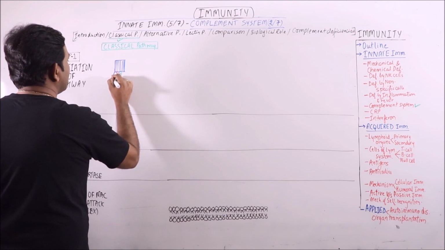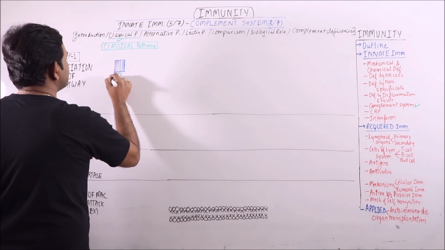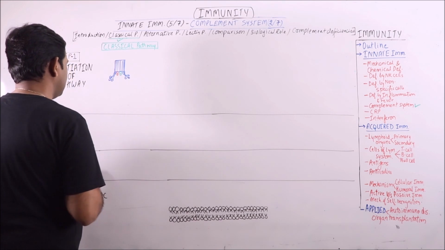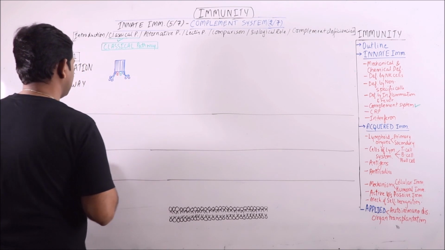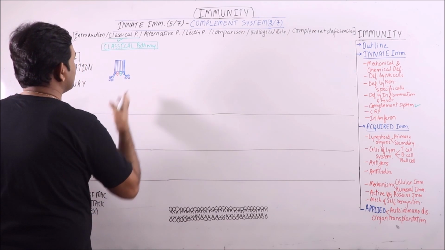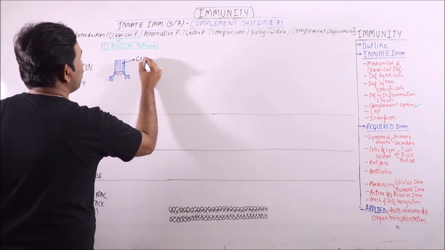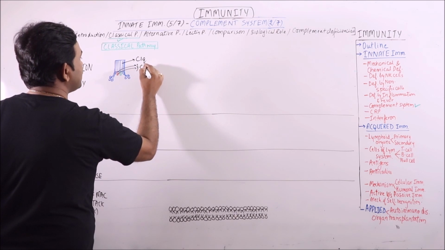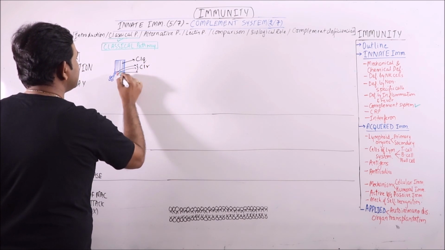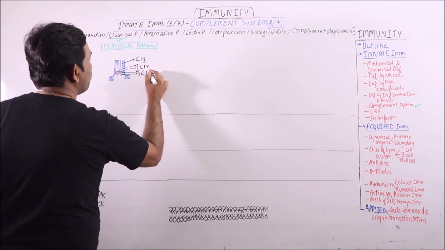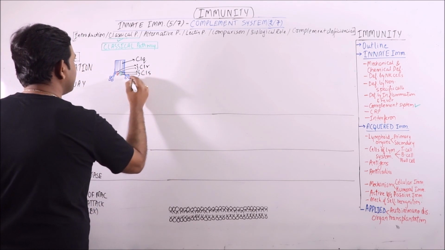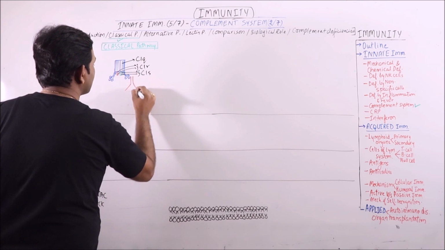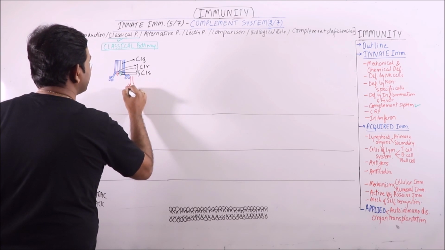This is C1 and it is having three major components. This one is C1Q. These are two molecules of C1R and these are two molecules of C1S. Now, these are antibodies.